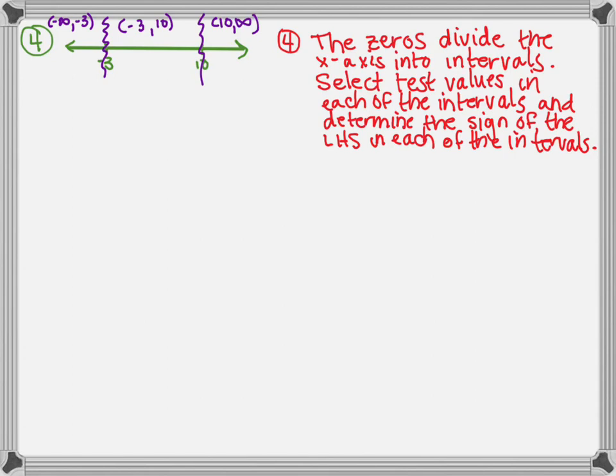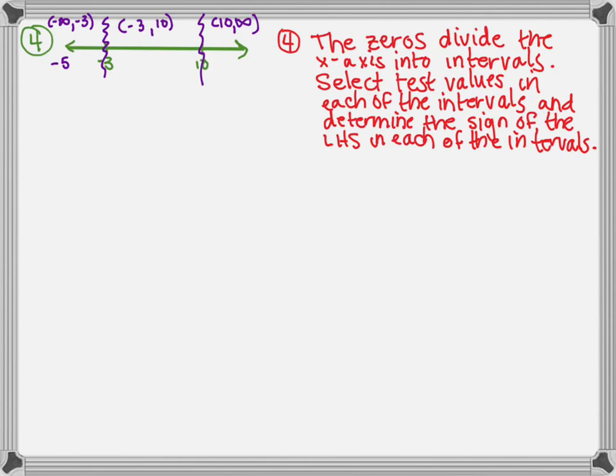Now we're going to choose test values in each of these intervals. And we cannot use an endpoint, but we can use any number that's easy for us within the intervals. So a number that's between negative infinity and negative 3, I'm going to choose negative 5. Could have chosen negative 4, could choose negative 10.